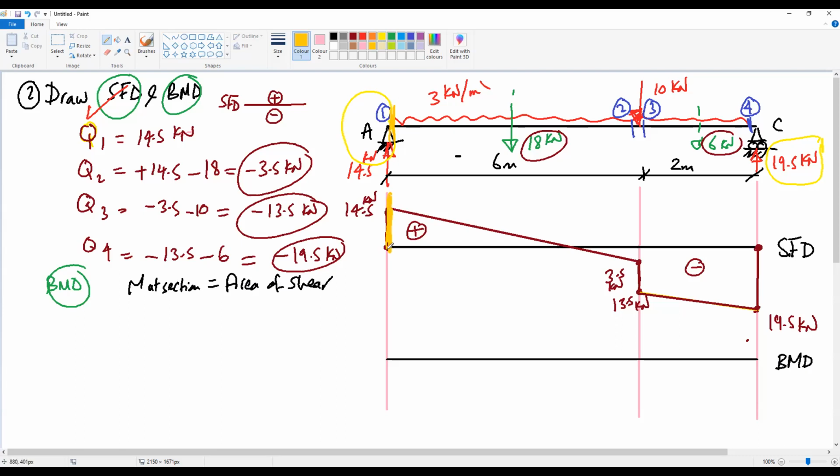The area of shear at section 1 is 0. So M at section 1 equals 0. M at section 2 equals the area of shear at section 2. At section 2, this is section 2.